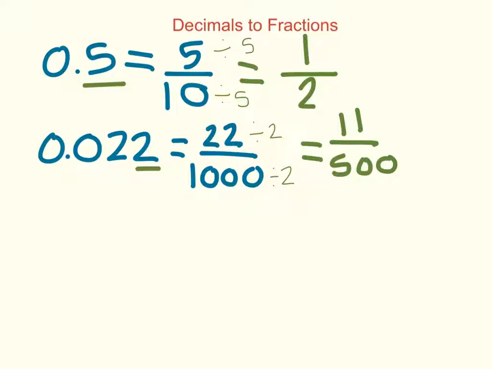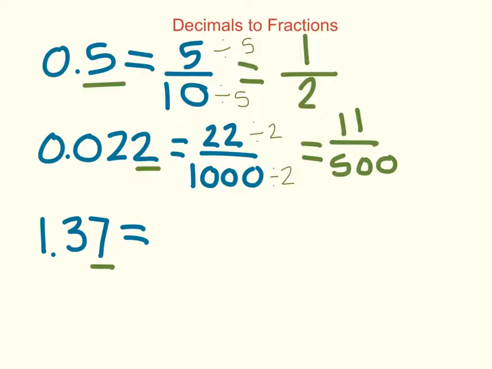So 0 and 22 thousandths is equal to 11/500ths. We will do one more example of this. 1.37. We notice here that we have a whole number. So we know that when we write this as a fraction, we're going to write it as a mixed number. We would read this as 1 and 37 hundredths because our 7 is in the hundredths place.